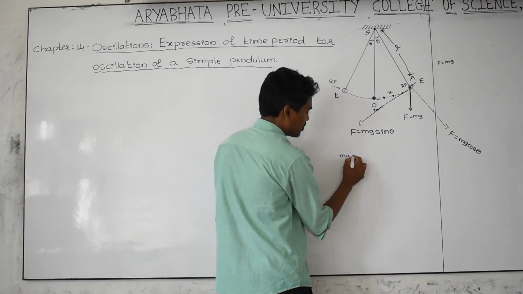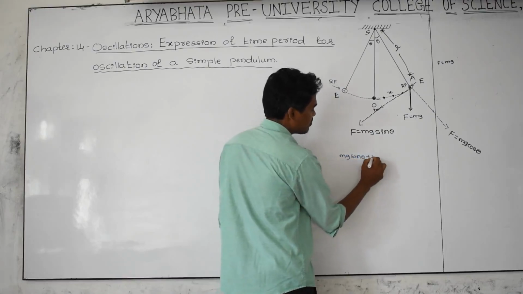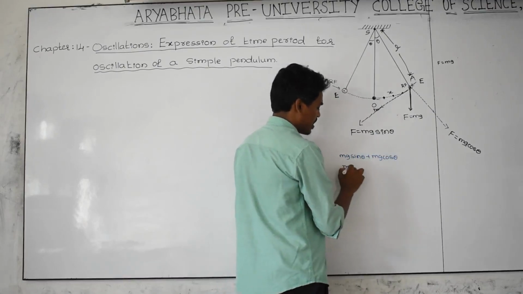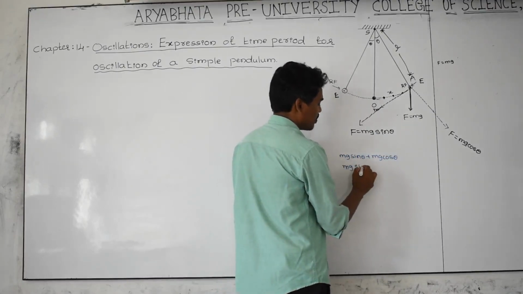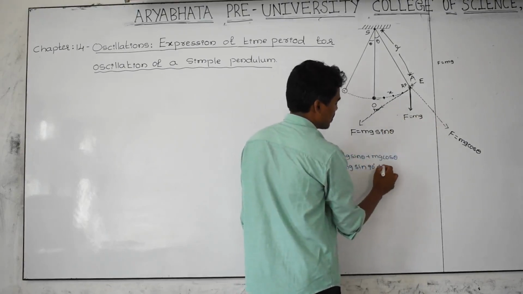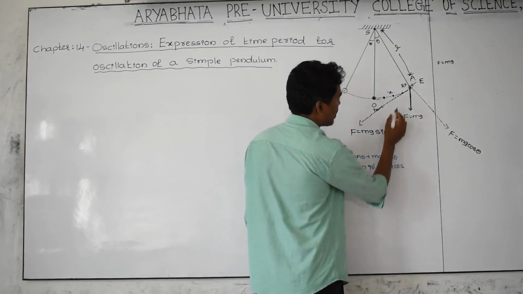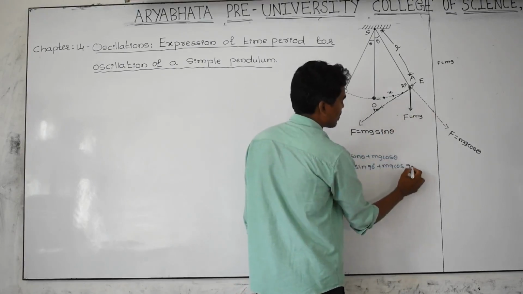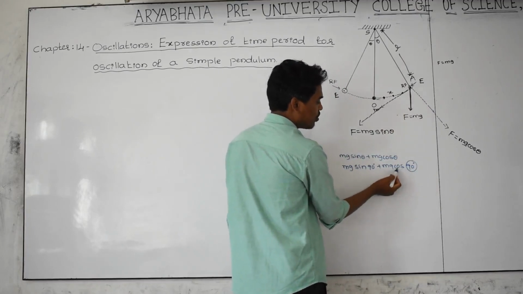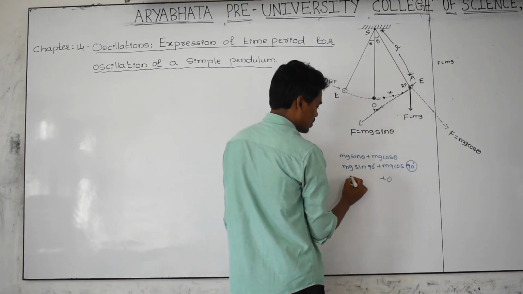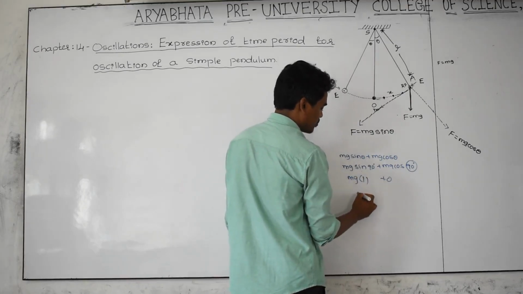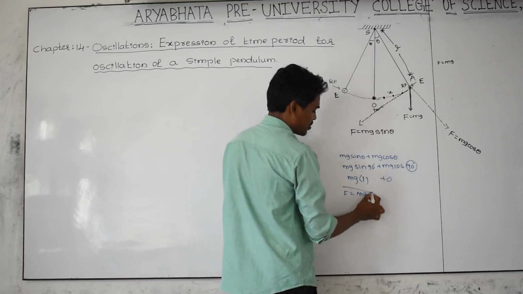mg sin theta plus mg cos theta. mg as it is, sin of the angle between this line and this line, which is 90 degrees, plus mg cos of the angle between this line and this line, which is 90 degrees. Cos 90 is 0, 0 into everything is 0. Then mg sin 90, sin 90 is 1, so again mg.